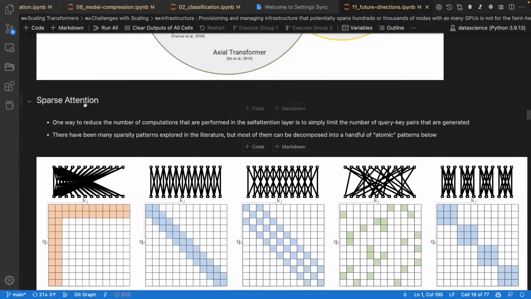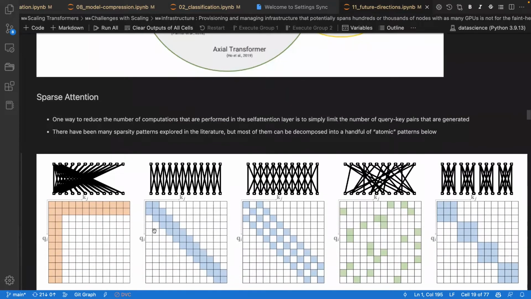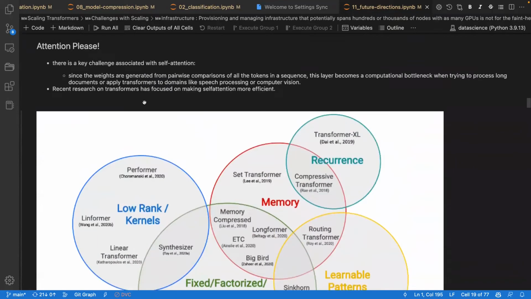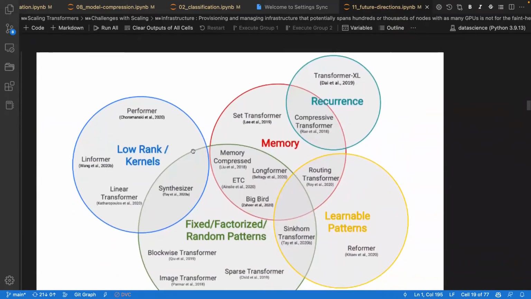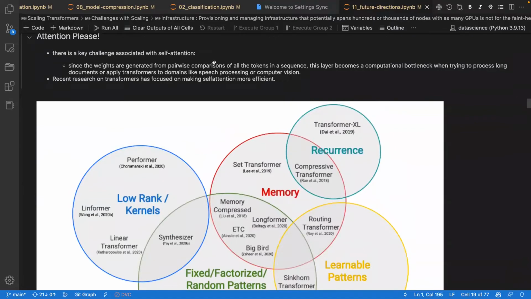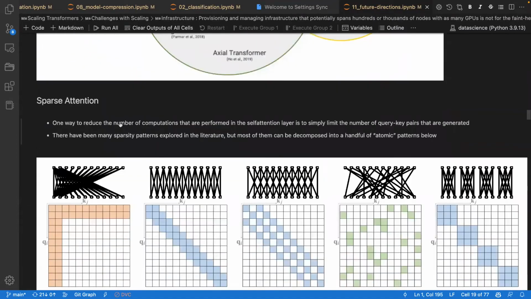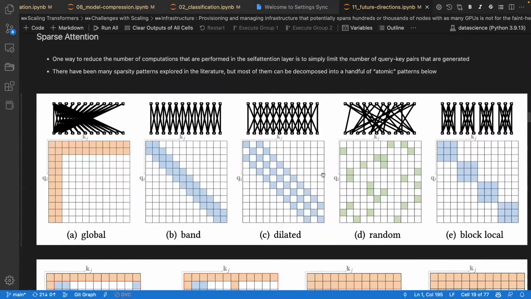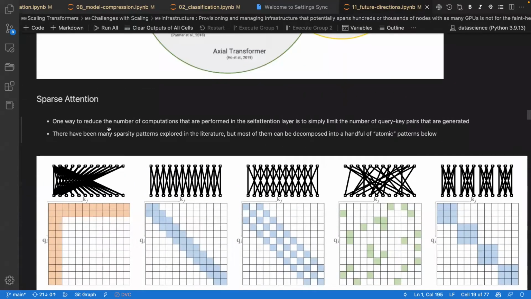They also discuss something called sparse attention, which they want to explore as a future research direction. How can you make these comparisons more efficient? They say one way to reduce the number of computations performed in the self-attention layer is to simply limit the number of query-key pairs that are generated.